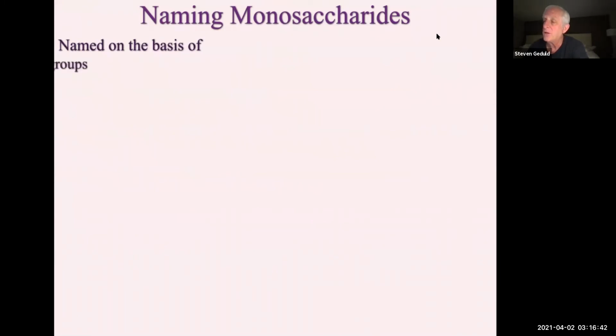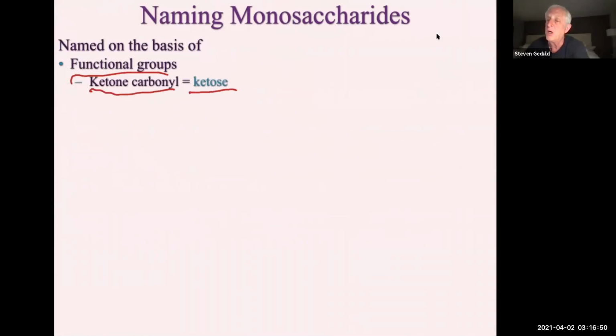We name on the basis of the functional group that is associated with the monosaccharide. If it's a ketone carbonyl group, we call it a ketose. If it's an aldehyde carbonyl group, we call it an aldose. Those are the two types of sugars, and we identify them as a ketose or an aldose.